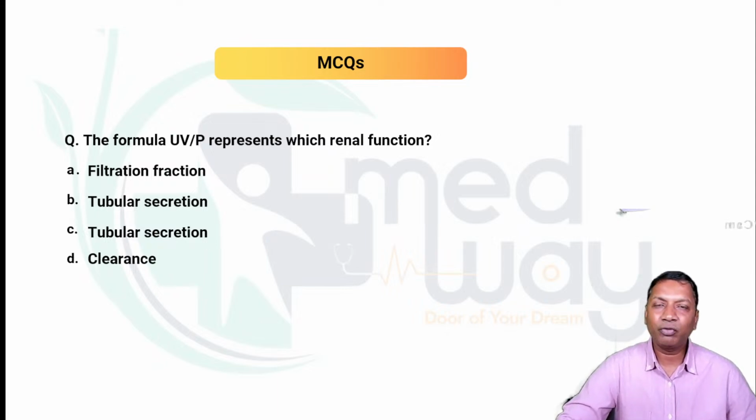Coming to the first question: the formula UV upon P represents which renal function?